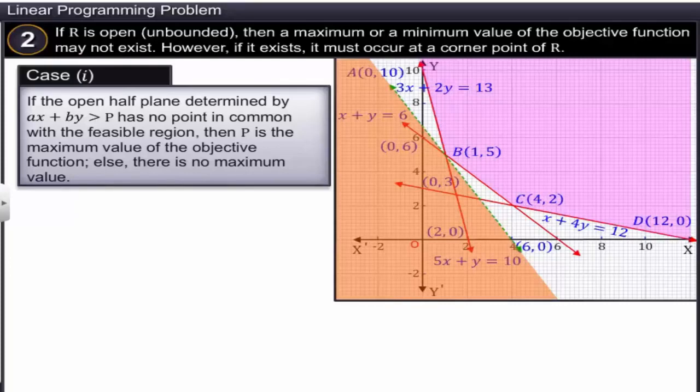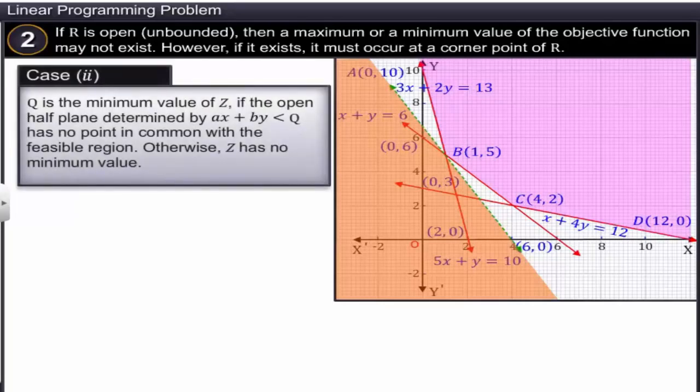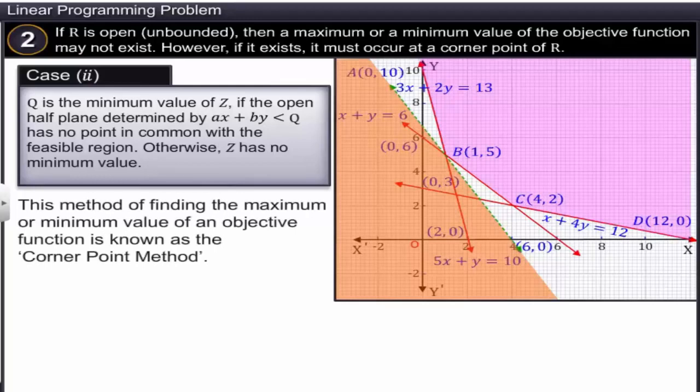Else, there is no maximum value. If the open half plane determined by ax plus by is less than Q has no point in common with the feasible region, then Q is the minimum value of the objective function. Else, there is no minimum value. This method of finding the maximum or minimum value of an objective function is known as the corner point method.